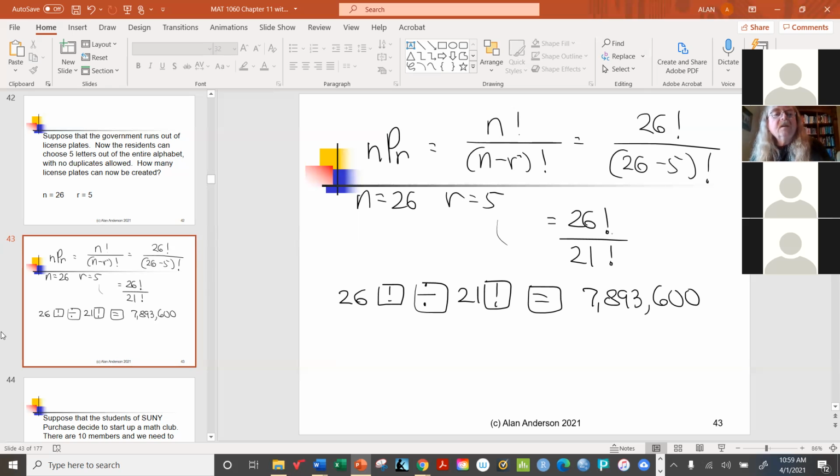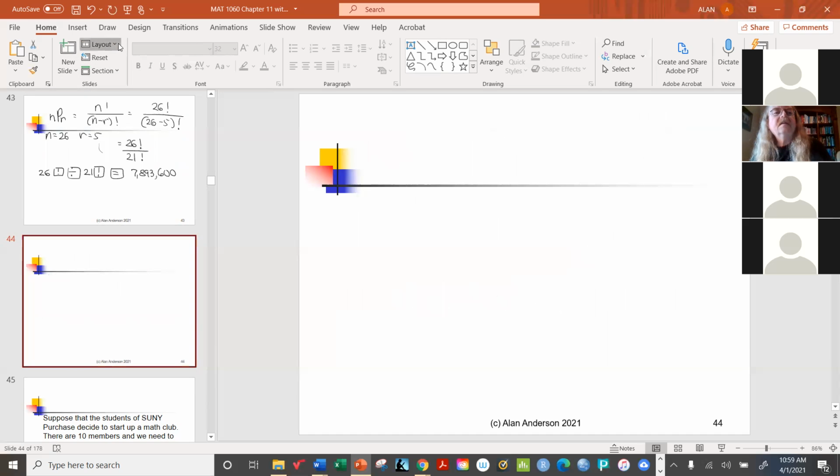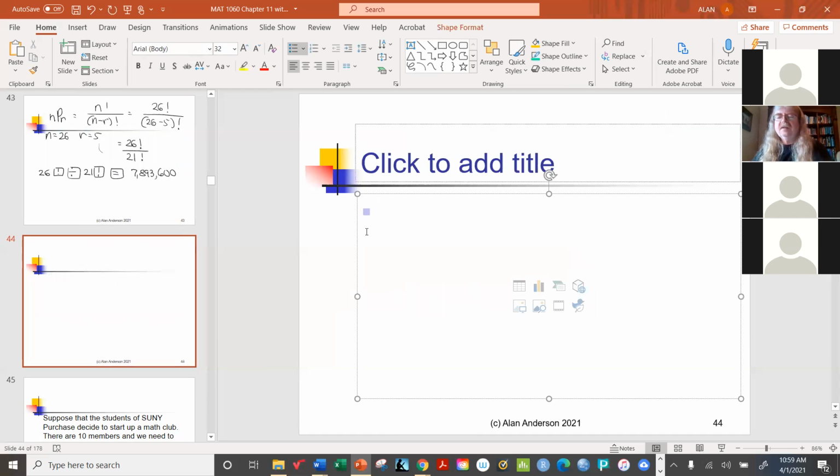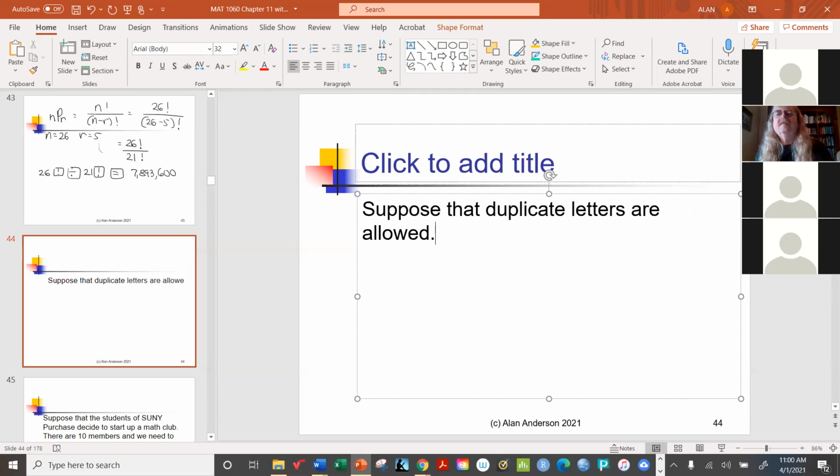Now, what if we allow for duplications in the letters? Okay, suppose that duplicate letters are allowed. How many license plates can be created now?